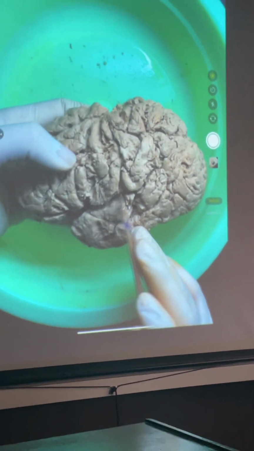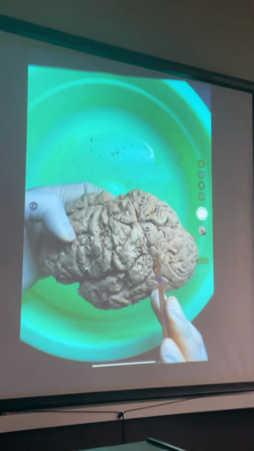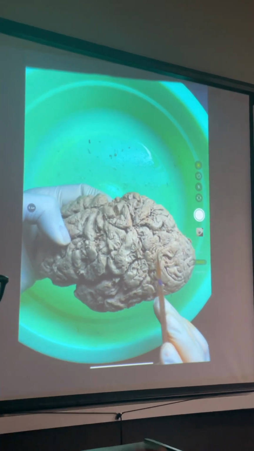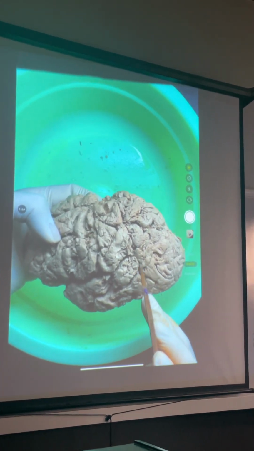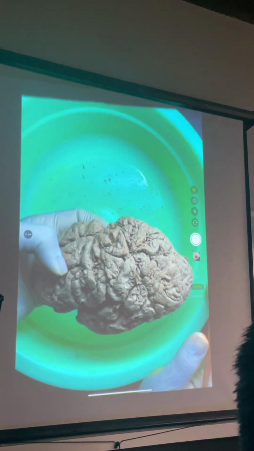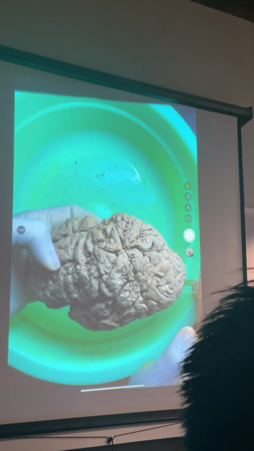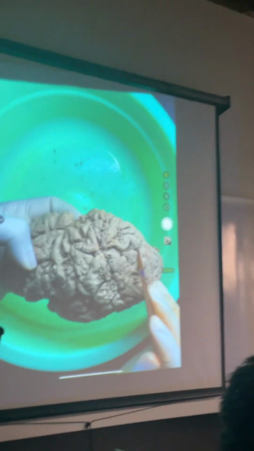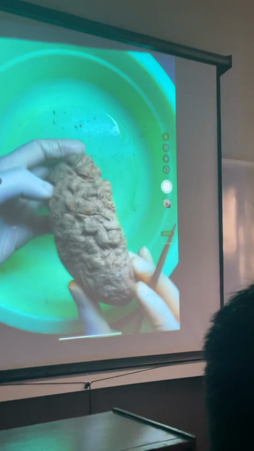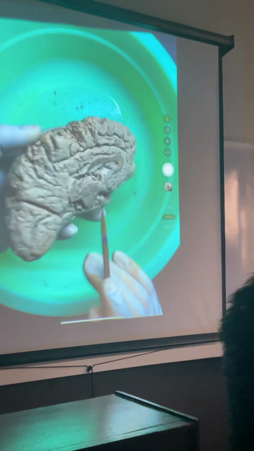At the tip of the sylvian fissure, you have what is known as the supramarginal gyrus, and just below it is the angular gyrus. And that's it. Do you see it? Yes. Now, I'll let you see the occipital side of things, the median side of things.